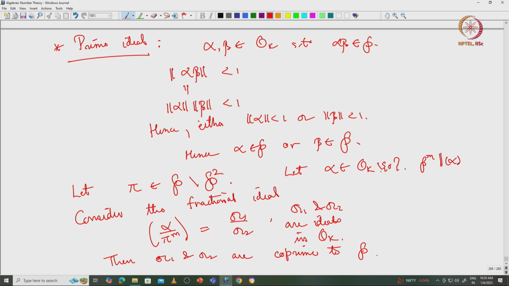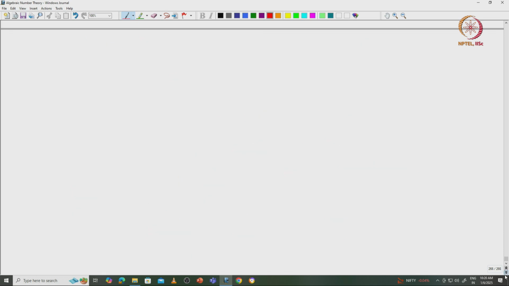So what do I get? This is all Chinese remainder theorem or the corollary to it. We can find beta 2 in A2, beta 2 prime to P, right.